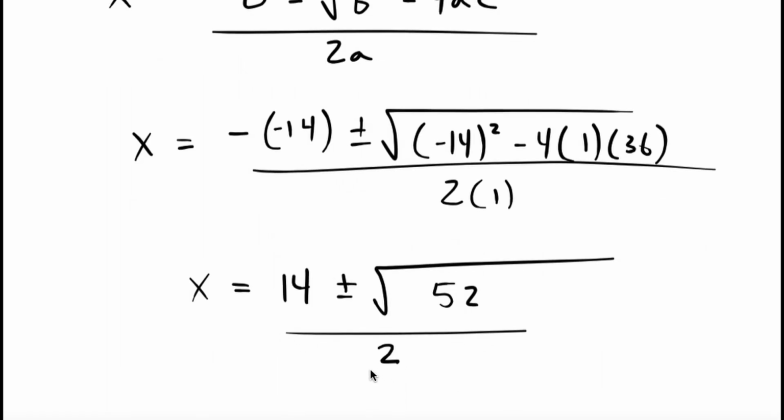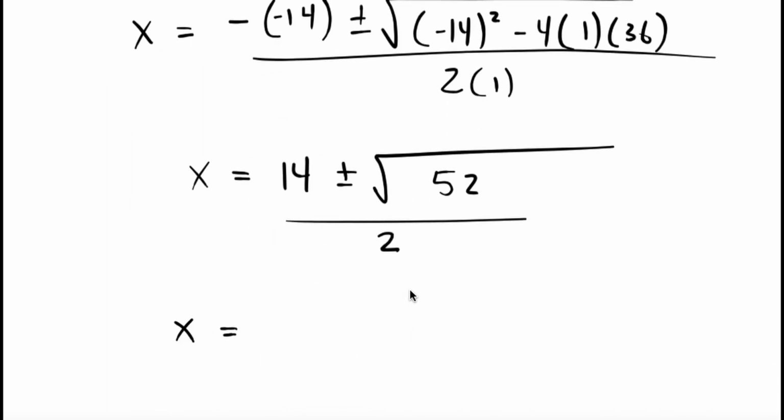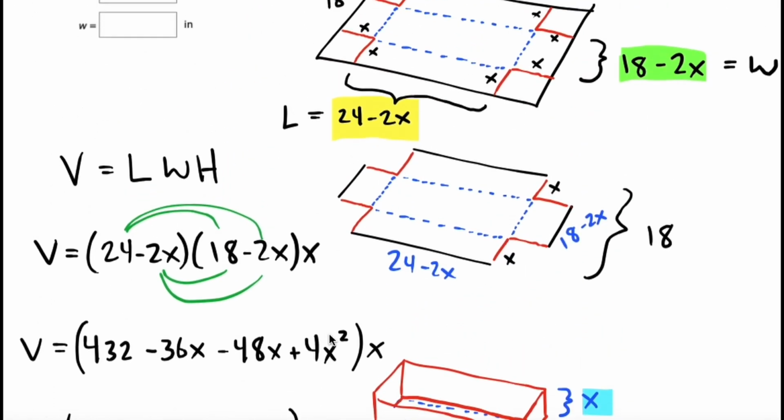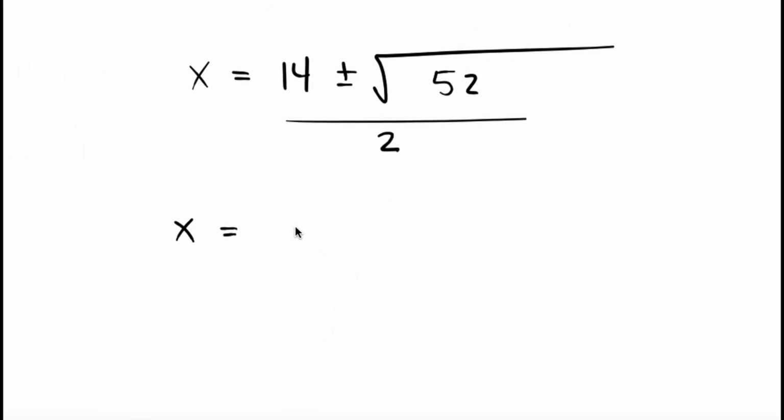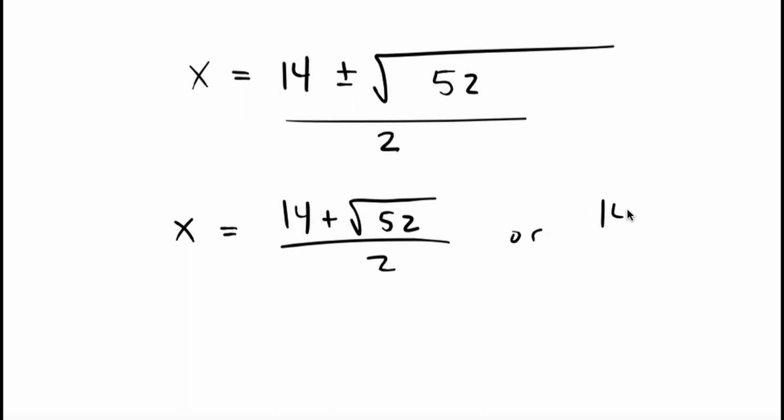Yeah, it doesn't come out to a nice number. So we could look at the original formula and see which root is going to be better. Is it going to be 14 plus radical 52 over 2 or 14 minus radical 52 over 2? Let's see.